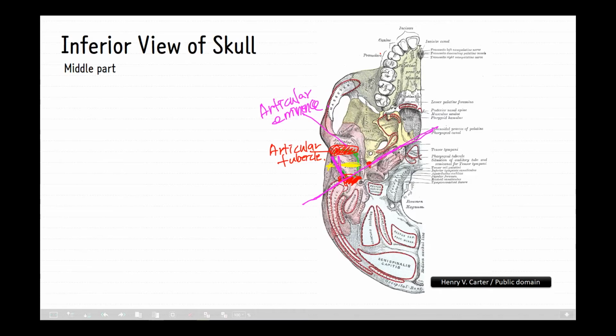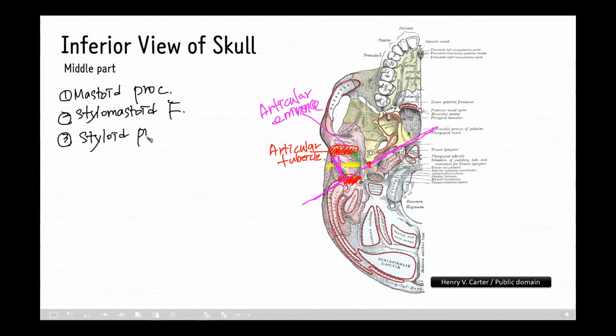Number 1 is the mastoid process. Number 2 is the stylomastoid foramen. Number 3 is the styloid process. Number 4 is the jugular foramen.